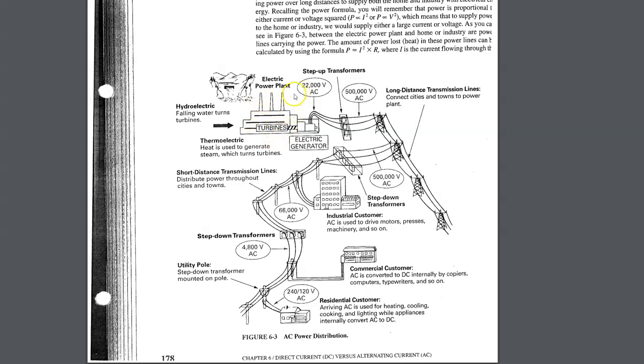But the point I want to show here is the voltage is stepped up. It's actually stepped up a couple times. So we run through a couple of step-up transformers. This first one steps the voltage up to 22,000 volts AC, and then we step up again to 500,000 volts AC. Remember, if I step the voltage up with the transformer, I increase the voltage, the current drops. So now I send out the power at high voltage, low current, and because I'm reducing the current, there are losses called I squared R losses.